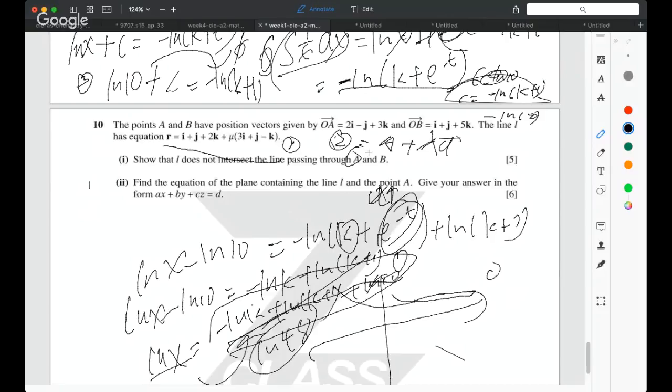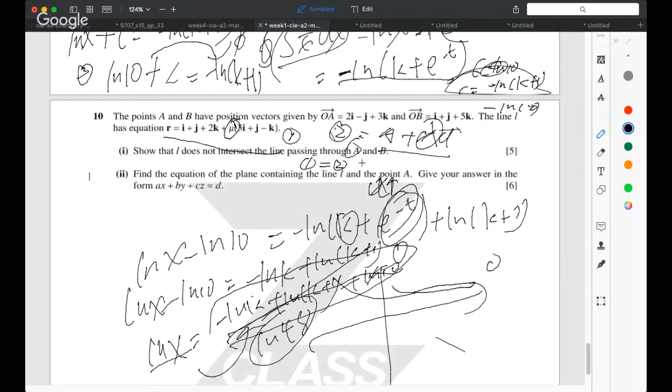The directional vector is just B minus A, right? You equate line 1 and line 2 and try to find a solution for mu and lambda. If you can find a solution, then yes, they intersect, because when they are equal, they intersect. If you cannot find a solution, they don't intersect.